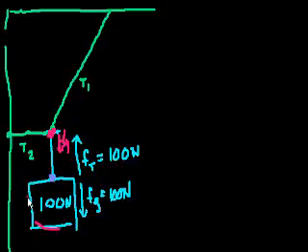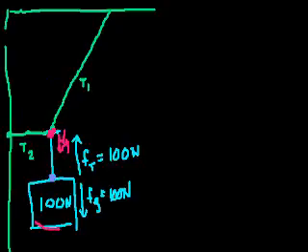Well, let's look at each of the wires. The second wire, T2, or we can call it W2, is just pulling to the left. It has no y component. It's not lifting up at all. So all of the upward lifting is going to occur from the first wire, from T1. So we know the y component of T1. Let me do it in a different color, because when I draw these diagrams it starts to get confusing.